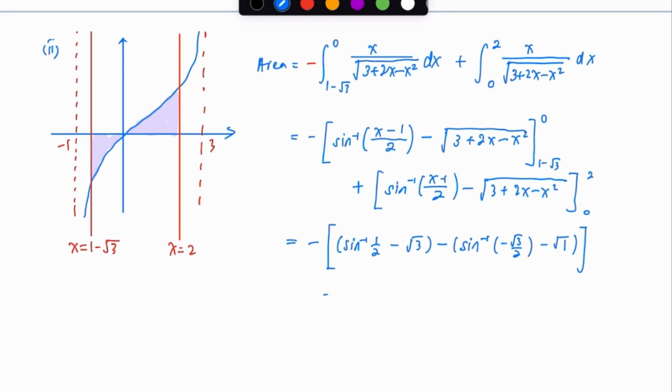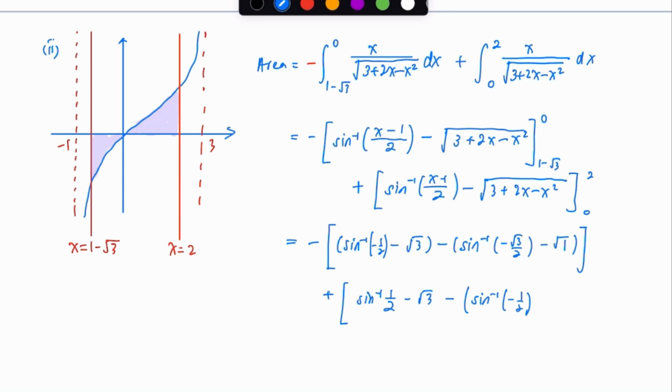Now for the second bracket, you will have something like sine inverse of negative half, then minus root 3, then minus sine inverse of negative half.